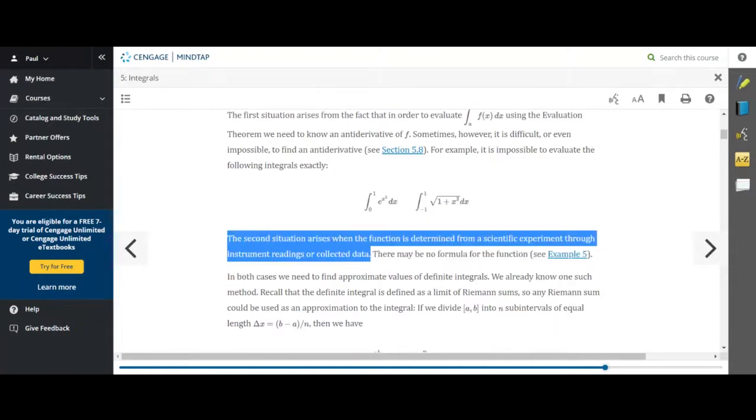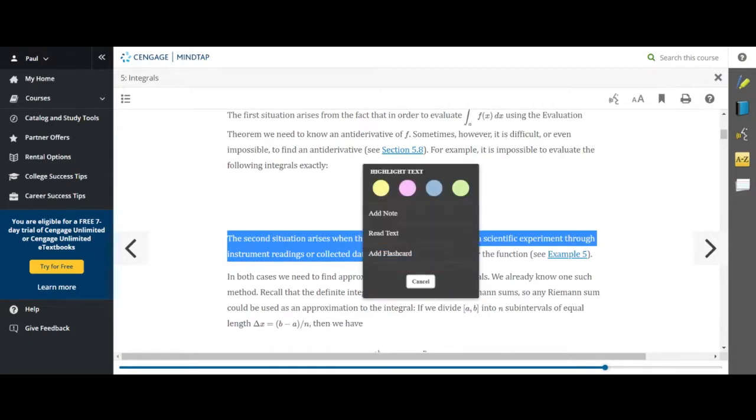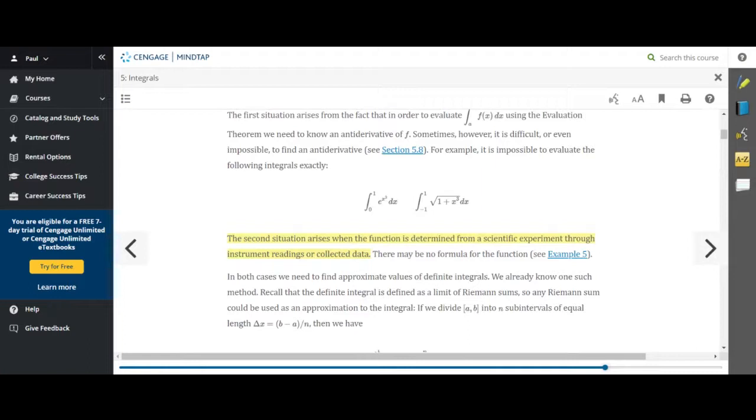And the second situation, okay, is if you have a situation where the function's determined from an experiment through instrument readings or collected data. In other words, there's no actual formula for the function. That's the second situation. So we're gonna look at these two situations and see how numerical integration can help.